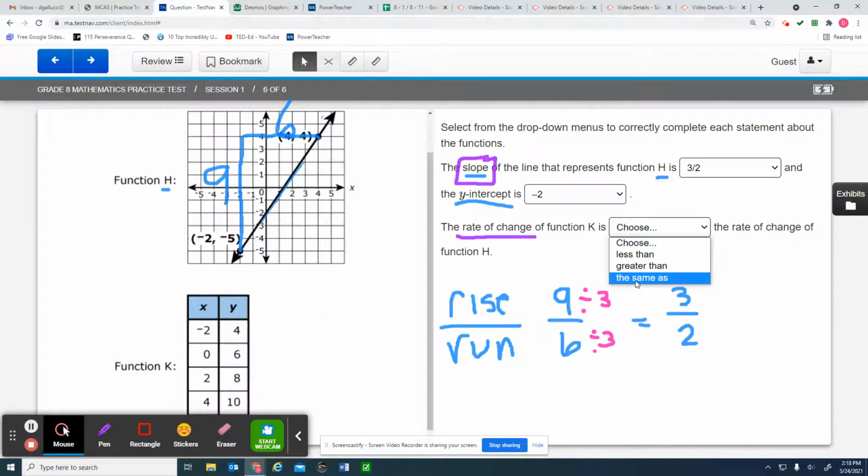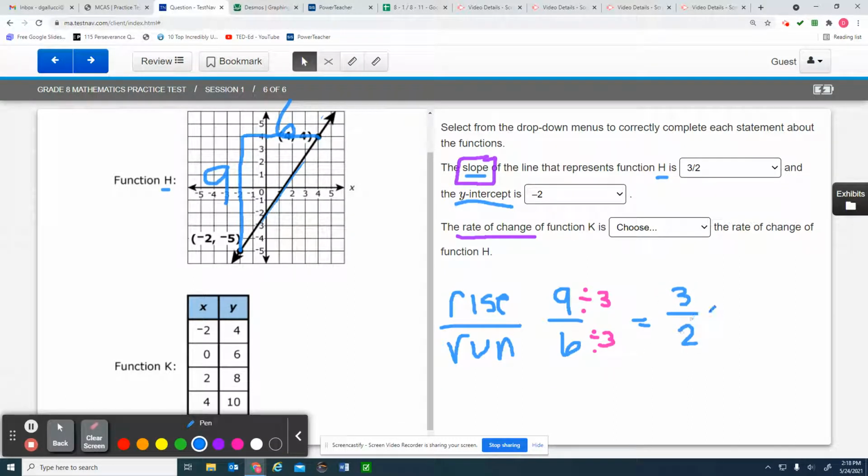So we need to compare the slopes. We already know the slope of this function, 3/2, or another way to think about that fraction is the decimal 1.5. So we already know h. Let's figure out function k, its slope, and then we'll compare them. Which is bigger, which is smaller, or are they the same?